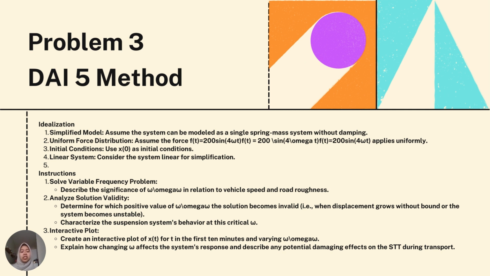The first instruction is to solve the variable frequency problem. We describe the significance of omega in relation to vehicle speed and road roughness.